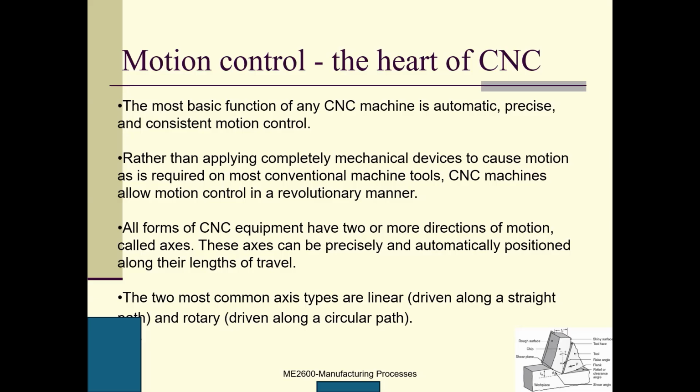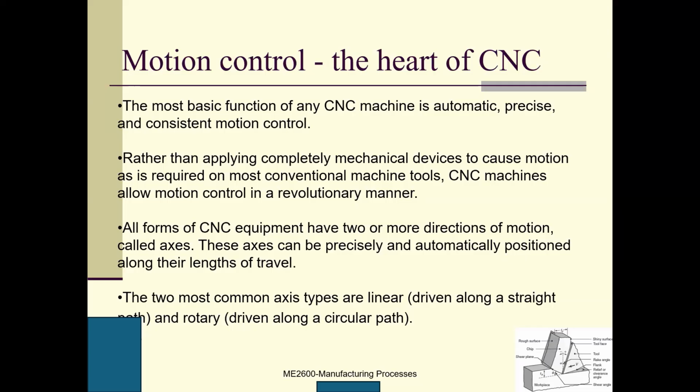All forms of CNC equipment have 2 or more directions of motion, called axes. We said that before, right? These axes can be precisely and automatically positioned along their lengths of travel. This is very, very important. If your CNC cannot position and move precisely, the CNC is useless.